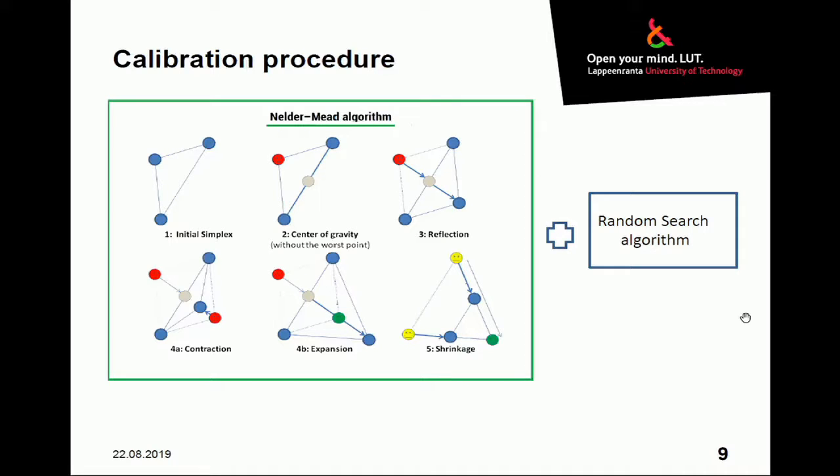What method did we use for this calibration procedure? First of all, it was the Levenberg-Marquardt algorithm, very popular for solving such problems, but the criterion function is rather complicated. The algorithm does not every time give the desired result. So we used it in combination with a random search algorithm.